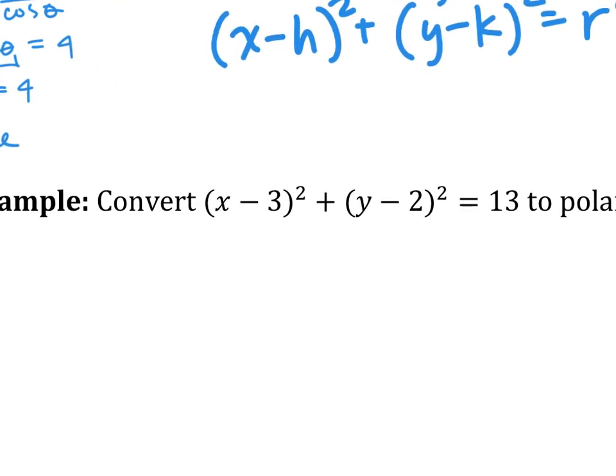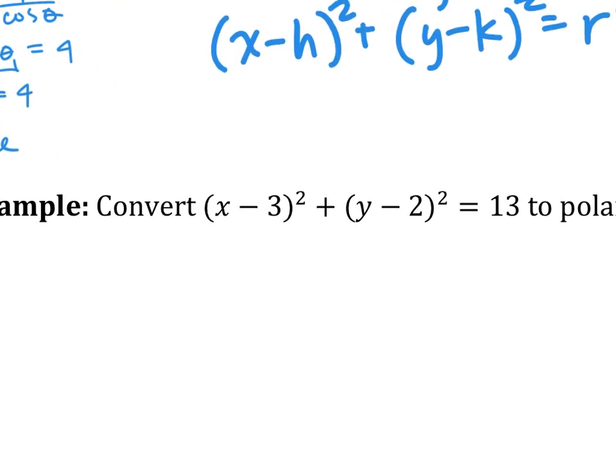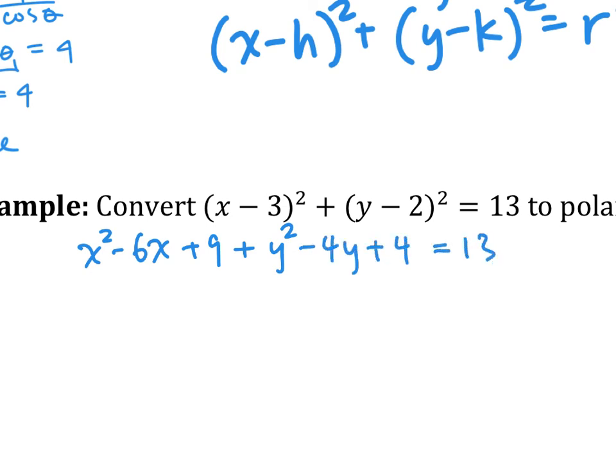You can do it either way, you'll get to the same answer. So what I'm going to do is FOIL and then simplify this. X minus 3 squared is x squared minus 6x plus 9. And then y minus 2 squared is y squared minus 4y plus 4 equals 13.